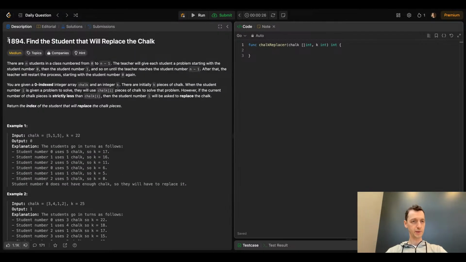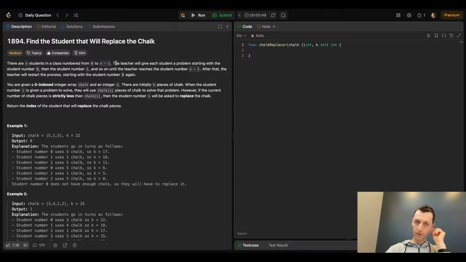Let's try to understand it first. Find the student that will replace the chalk. There are n students, numbered.